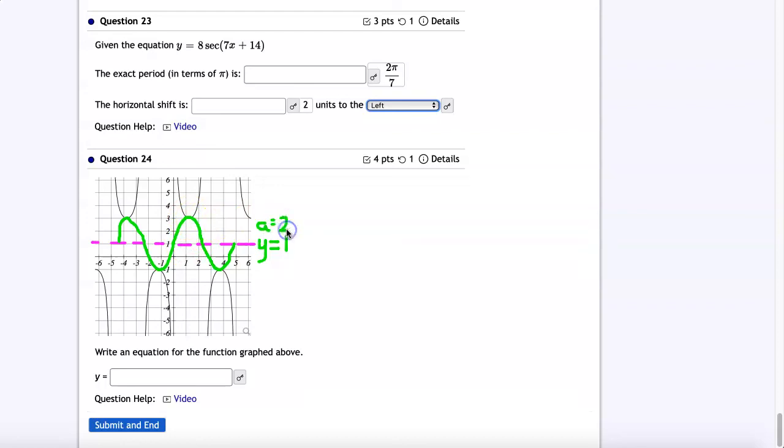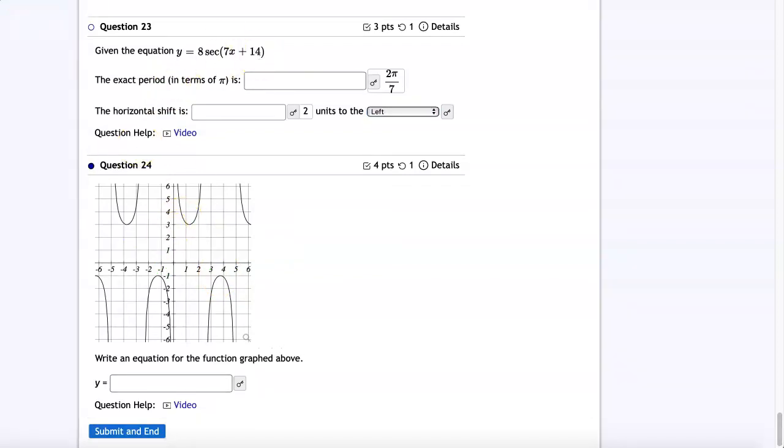Next I need to figure out what the period of this function is. This graph right here looks like it's about -1 1/3 all the way up to here, which is like 3 2/3, and that is a total of 6. Sorry, or rather a total of 5.